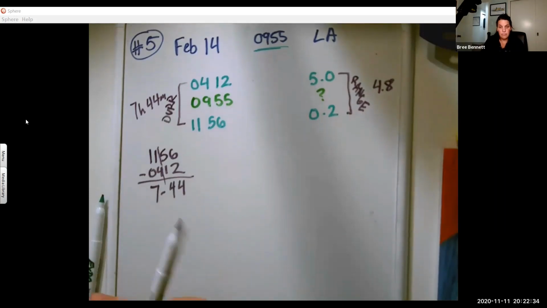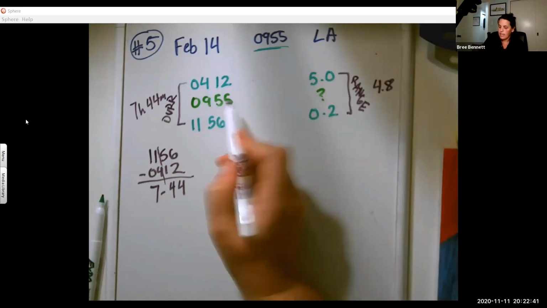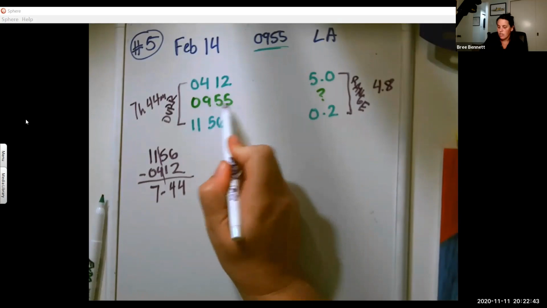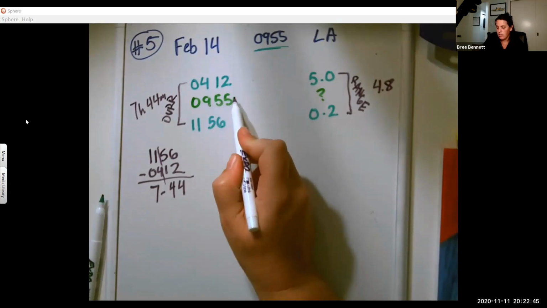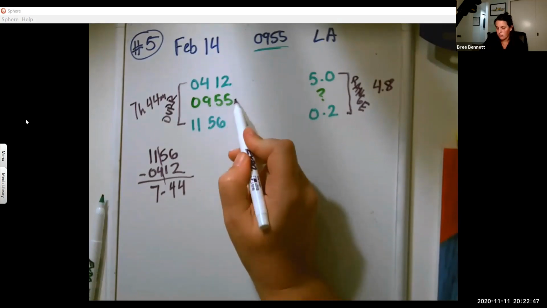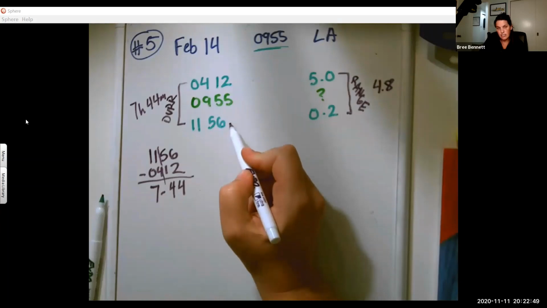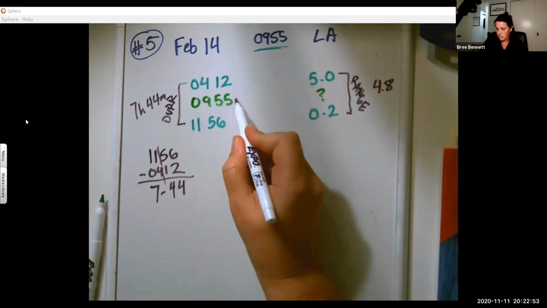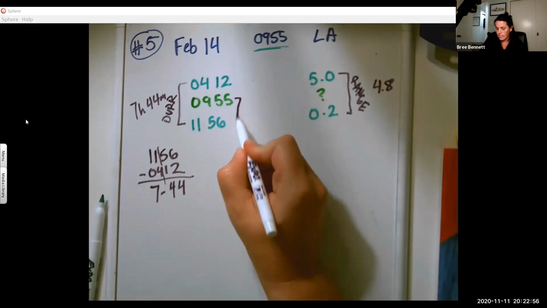My next step is to do that TNT, time to the nearest. So is my 9:55 closer to 4:12 or is it closer to 11:56? Yes, it's closer to our 11:56.